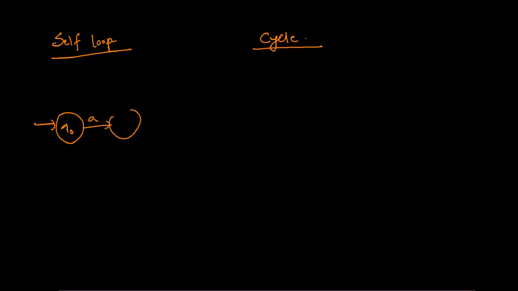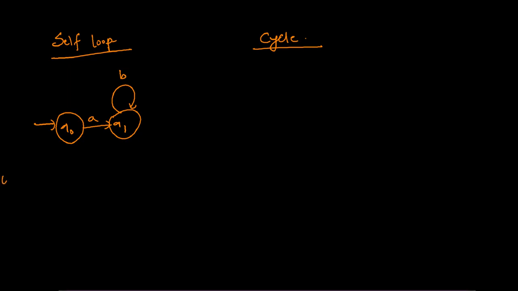Just look at self loop or cycle. If you have a self loop, let's say this is your Q0, A, Q1, and there is a loop B.